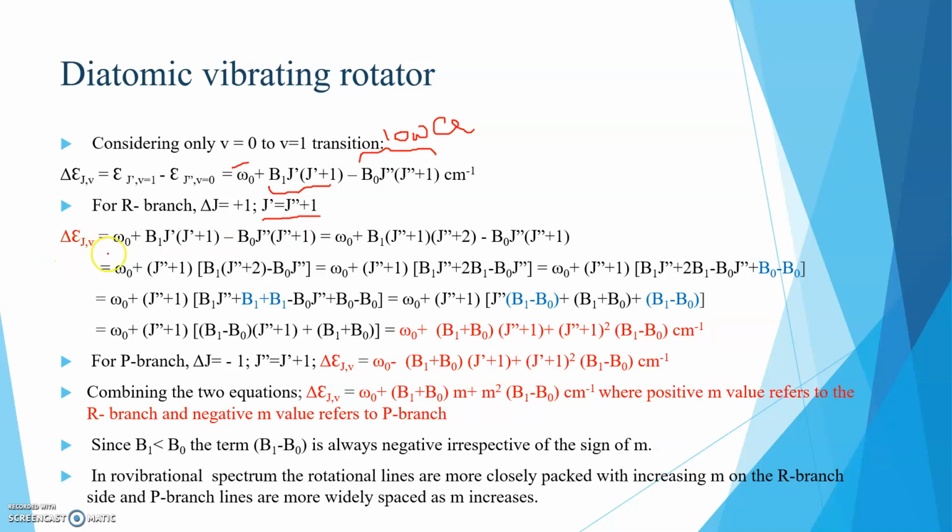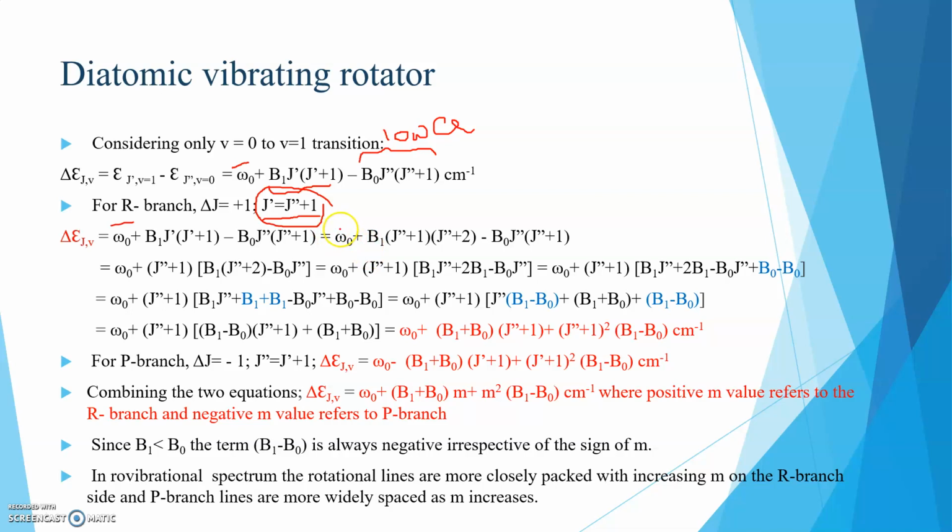So in the expression delta E_JV equals omega bar 0 plus B1 J'(J' plus 1) minus B0 J''(J'' plus 1), you will apply this expression for J'. I hope that you are noting this down, simultaneously deriving this equation with me.